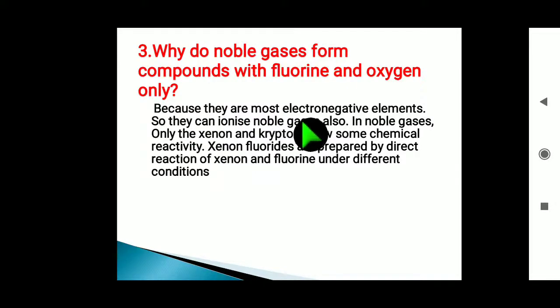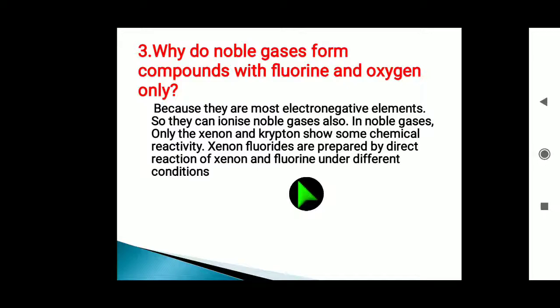Because they are the most electronegative elements, so they can ionize noble gases also. Among noble gases, only xenon and krypton show some chemical reactivity. Xenon fluorides are prepared by direct reaction of xenon and fluorine under different conditions.